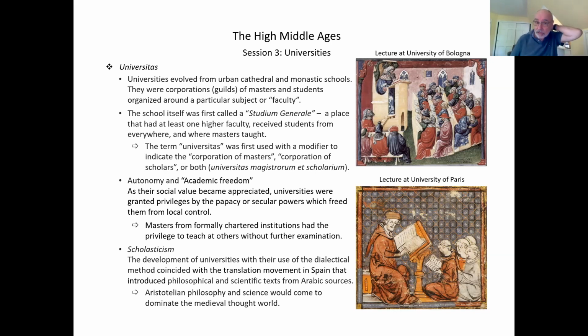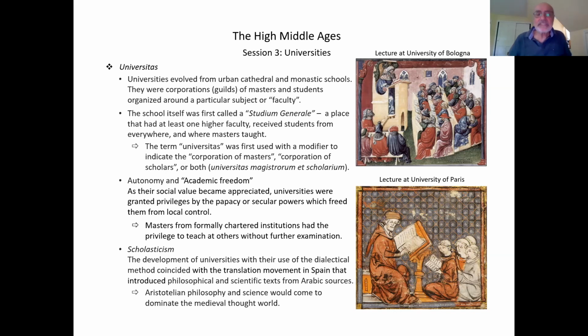You didn't have to be local, and where there was an association of masters, they get to issue degrees that the masters can carry from one place to another. So the doctor's degree meant a certification by a studium generale that qualified by convention the master to teach at another studium generale. It could travel.